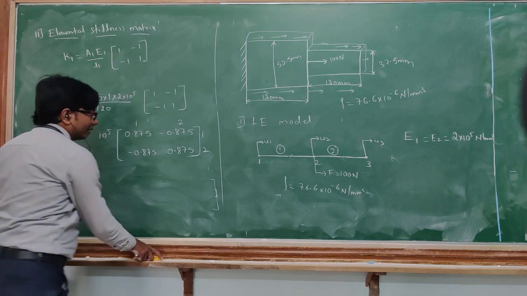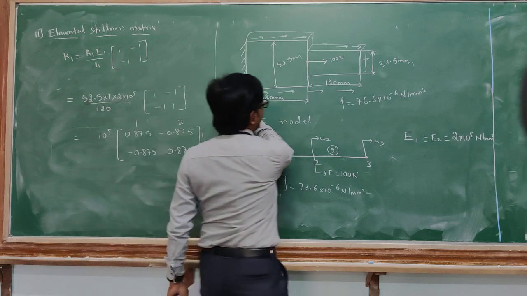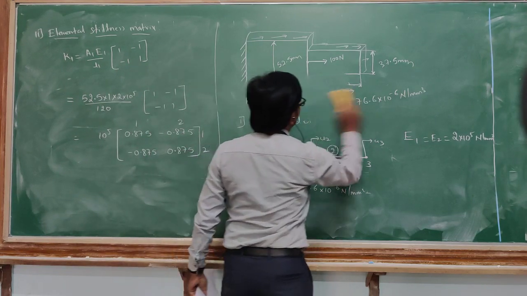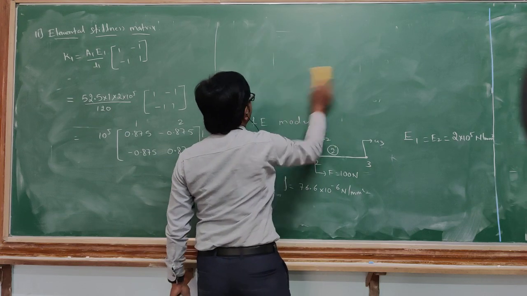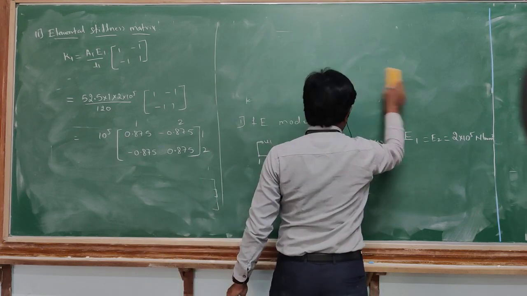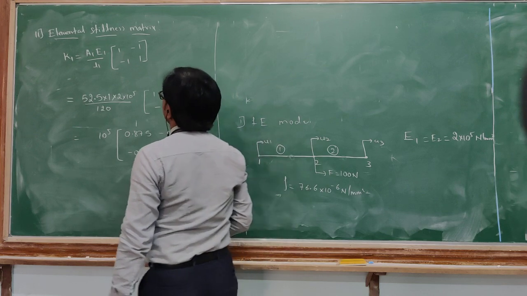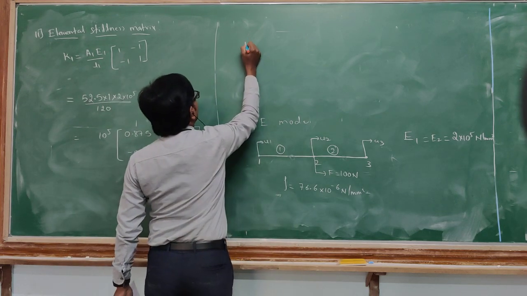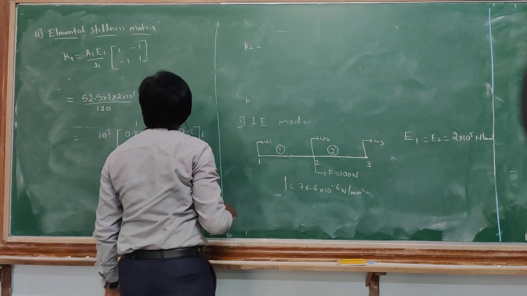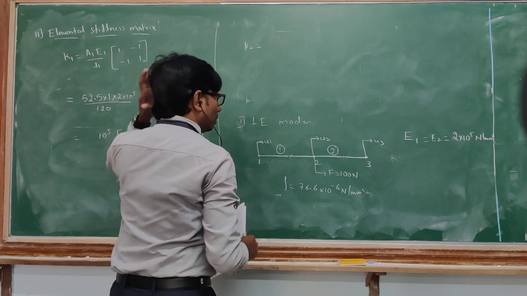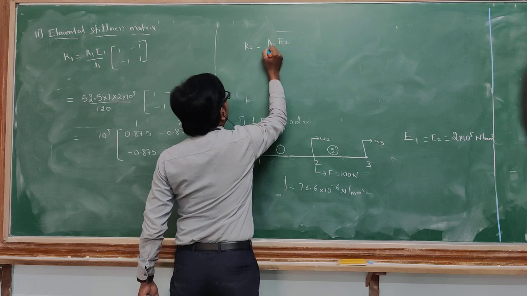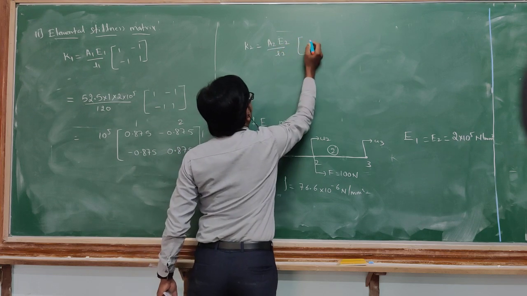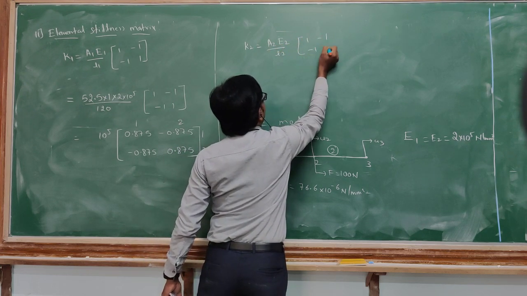Similarly you have to calculate the second elemental stiffness matrix. That will be K2. So K2 is equal to A2 E2 upon L2 times [1 -1; -1 1].